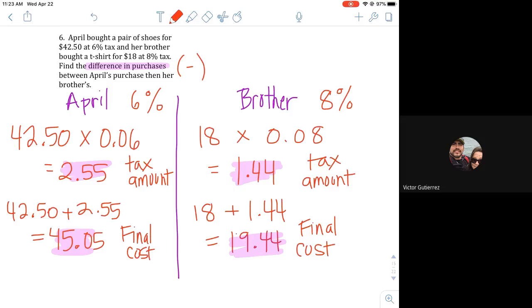Now, the final step for this one is to subtract them. We did them separately, but the final part of the question is asking you to find the difference in purchases between April's purchase and her brother's. The difference means that we're going to subtract these values. So we're just going to subtract $45.05 minus what her brother paid, $19.44, and that's going to be the difference in price or the difference in purchases.